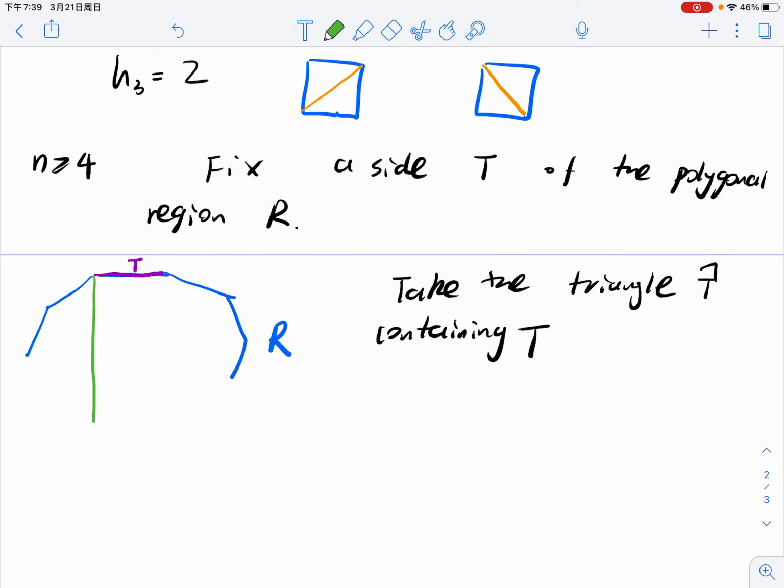For example, you connect the two endpoints of T with another vertex of the polygonal region, and this will be your T hat.